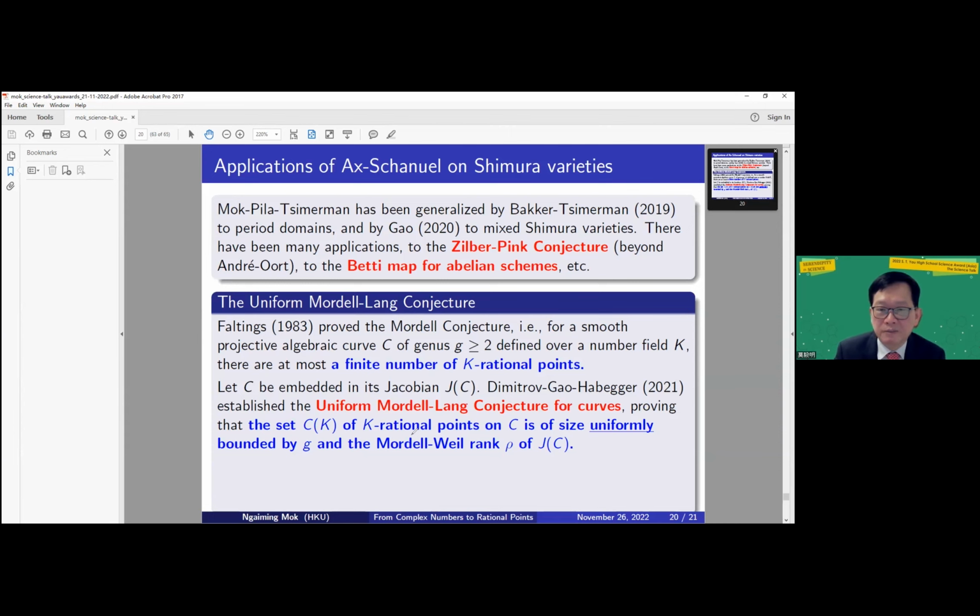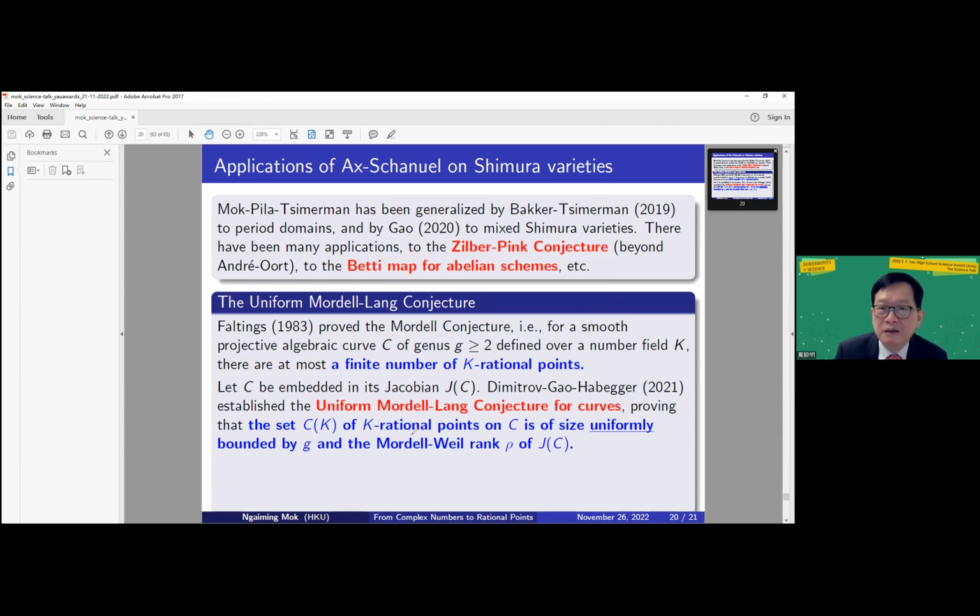Of course, there is a finite number, and now the question is, can you give some estimate on this number of solutions? So Dimitrov, Gao, Habegger were able to prove a uniform Mordell-Lang conjecture, namely that this can be bounded uniformly by the genus g and a certain invariant of the Jacobian of the curve.